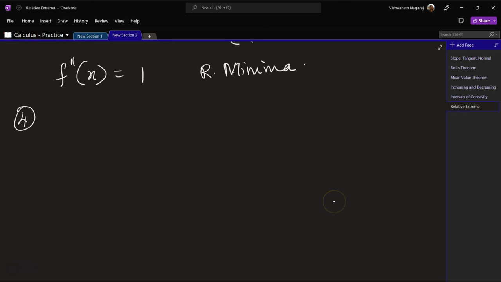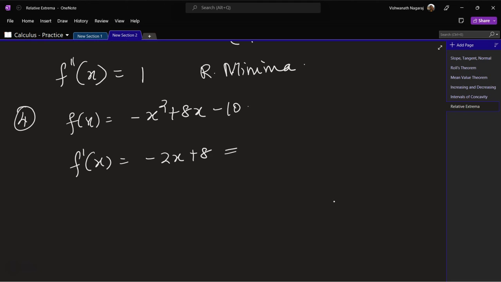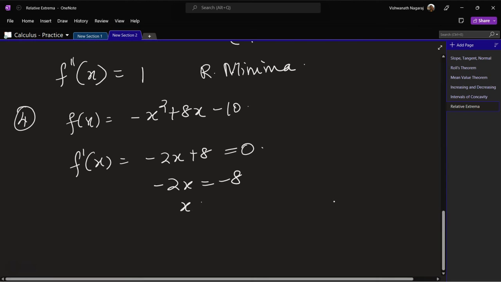Okay, fourth one, f of x is equal to minus x square plus 8x minus 10. f prime of x is equal to minus 2x plus 8. Equating it to 0, we get minus 2x equal to minus 8, x is equal to 4.